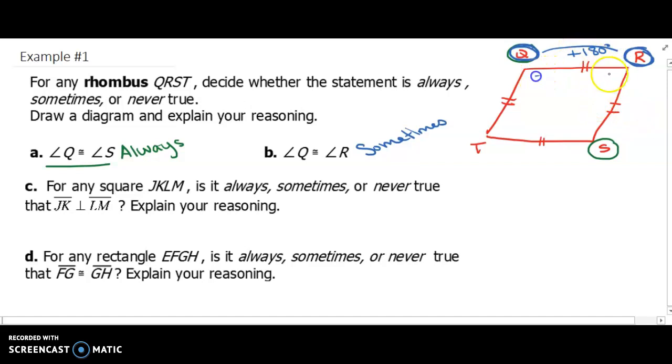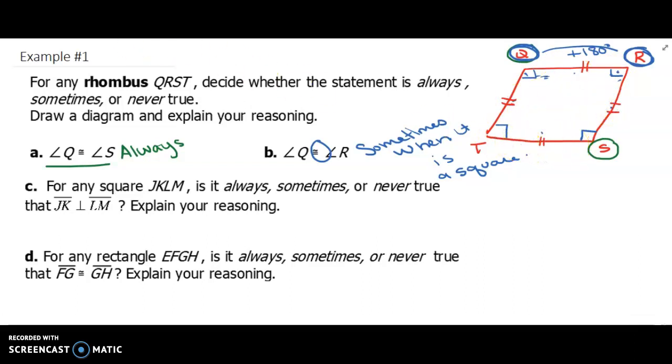So the only way that these two can be congruent and supplementary is if they were both 90. And if this were 90, then this would be a square. If these two are 90 degrees, well, opposite angles are congruent, so that'd be 90, that'd be 90. Now we have 4 congruent sides and 4 right angles. We would have a square.